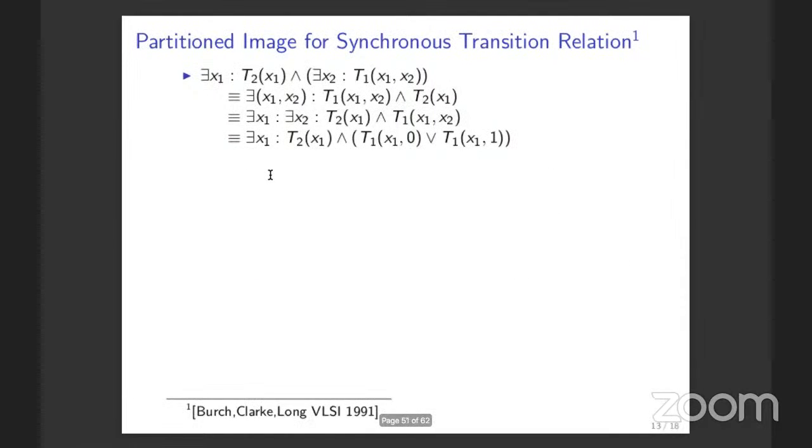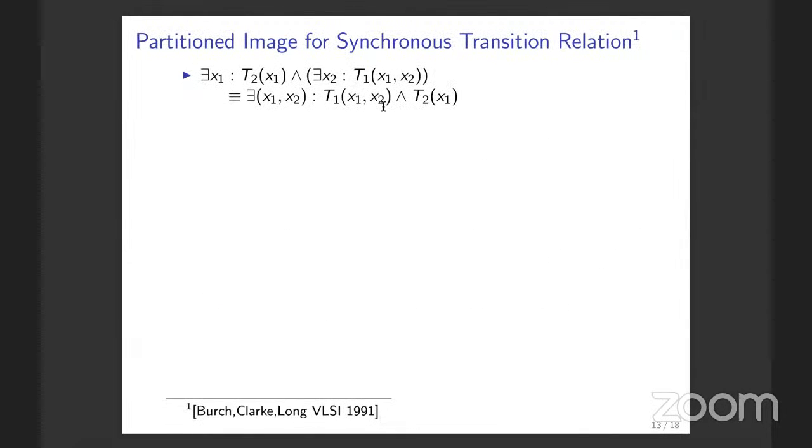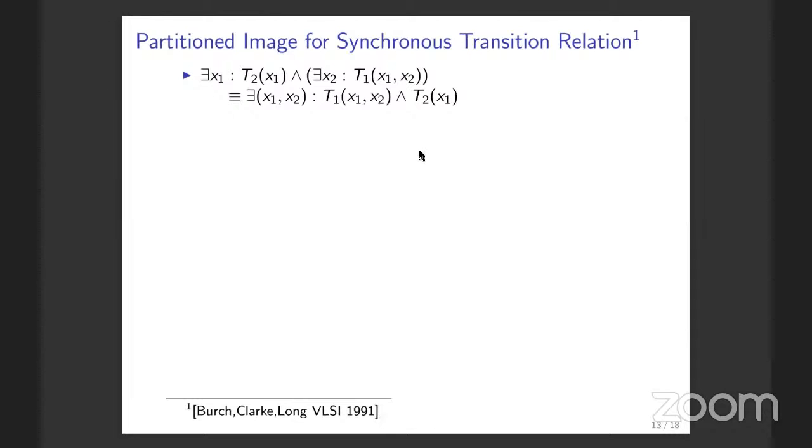So for example, for the asynchronous case, it's easy because these things do distribute. For the synchronous case, you can't have this distribution over R. Therefore, the best thing that you can hope for is something like this. You can't individually distribute the whole thing.